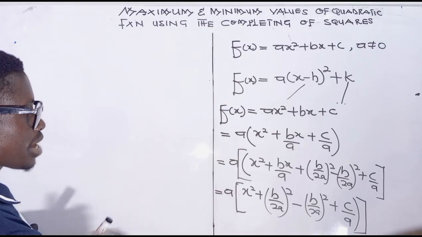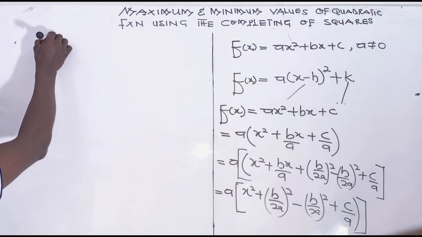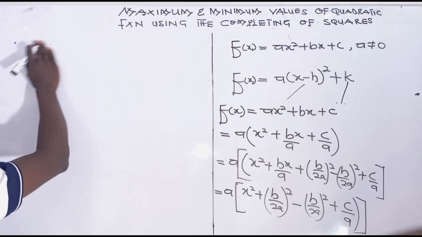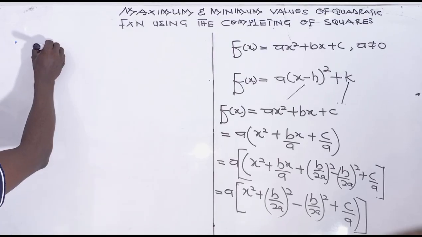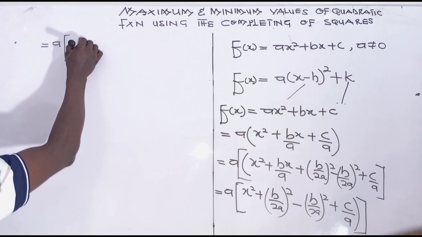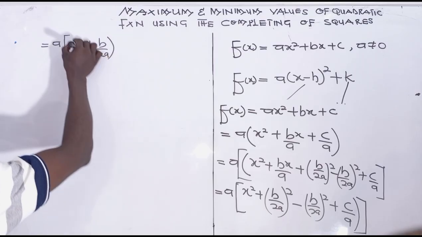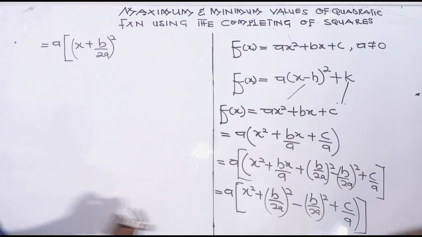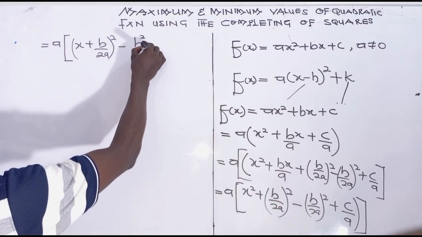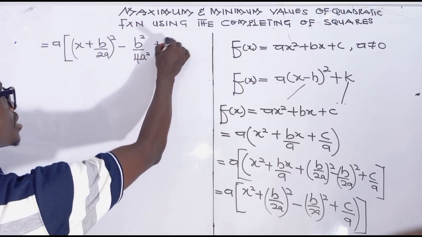Now with this, we can write it as x plus b all over 2a all squared. And then we are going to have minus b raised to the power 2 all over 4a squared plus c all over what?